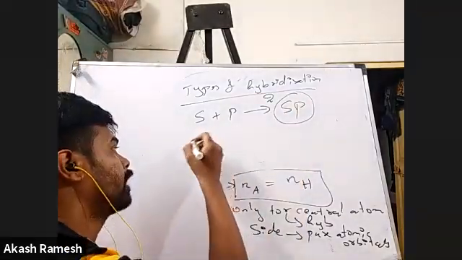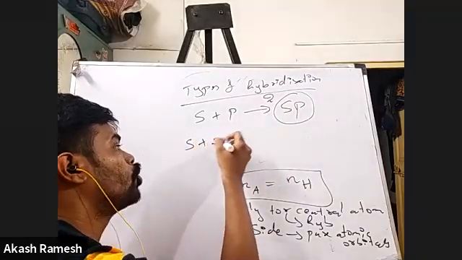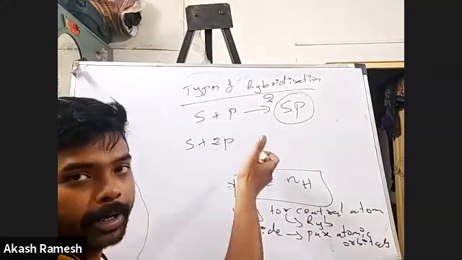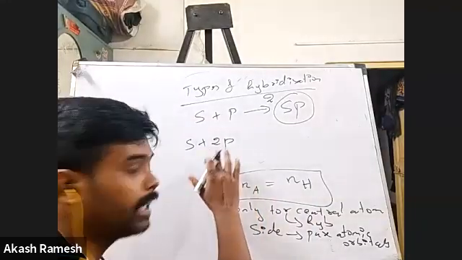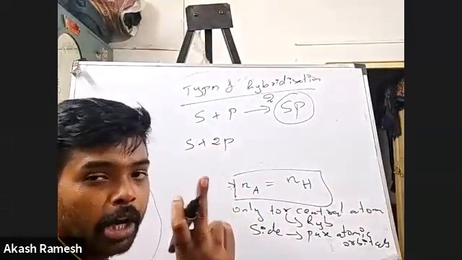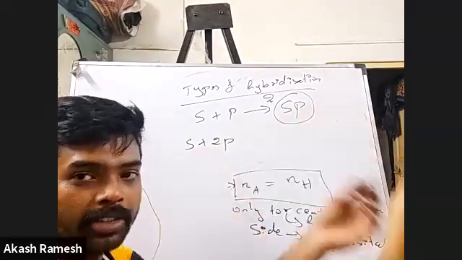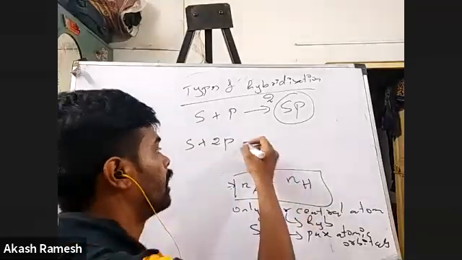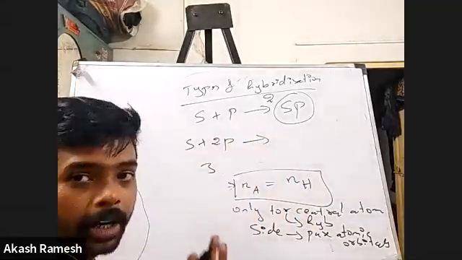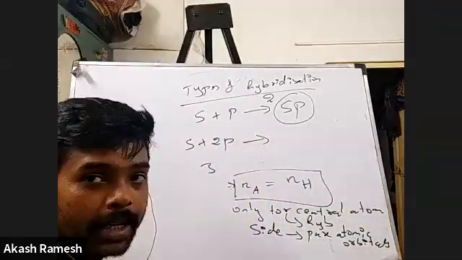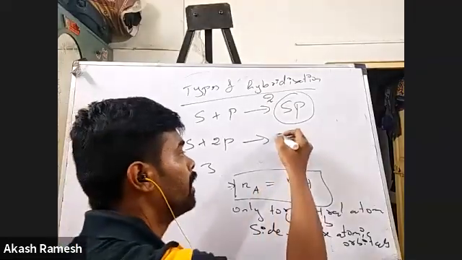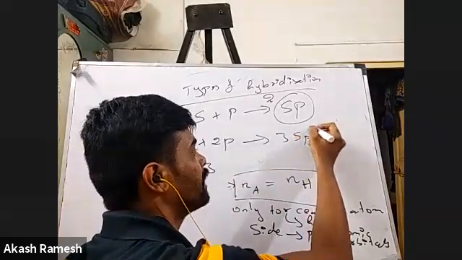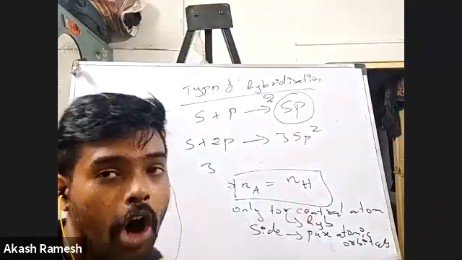Now the second one is s and 2 p orbitals. Don't confuse here: there are 2 numbers of p orbital, not the 2p orbital. 2p orbital is different. Here it is 2 numbers of p orbital. Now, 3 atomic orbitals are combining, 1 s and 2 p's, so I will form 3 sp2 hybridized orbitals.